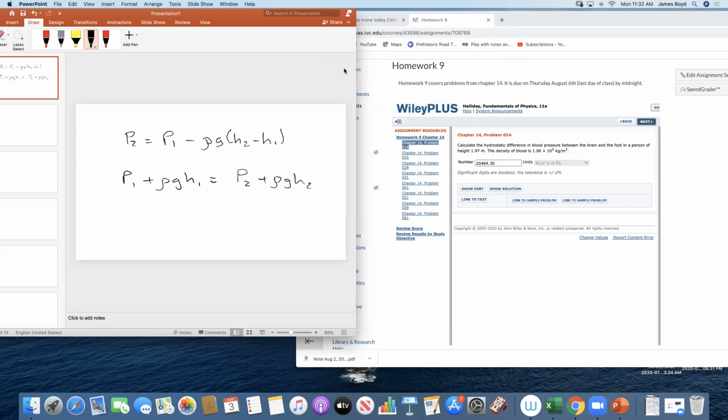It won't be super hard, but it'll be something like projectile motion or energy. So it's really all the problems, but I promise that it'll be either like blocks on a pulley or blocks on an incline or projectile motion. It won't be something like equilibrium and torques and all that good stuff. Okay.